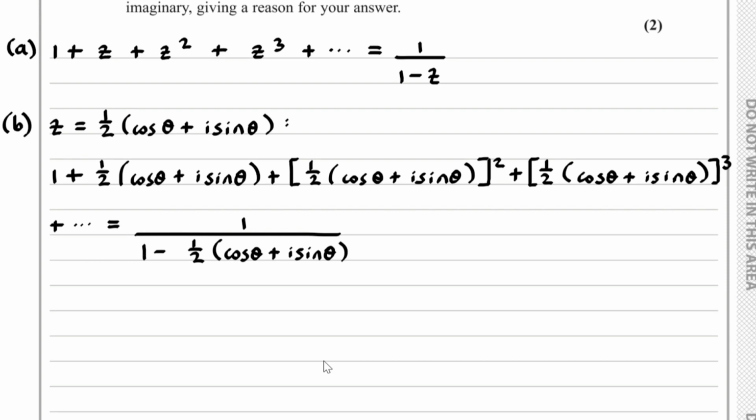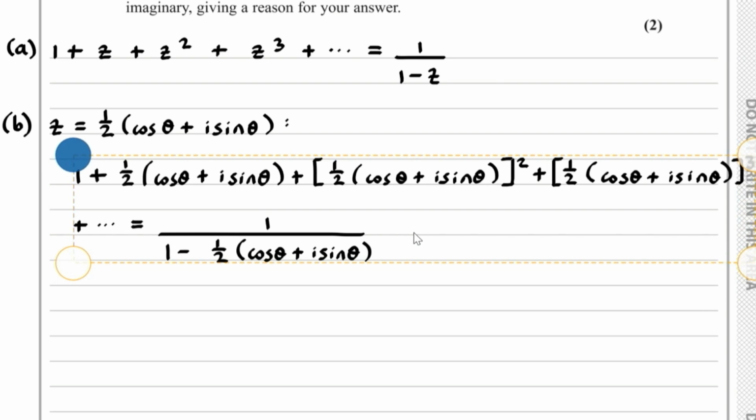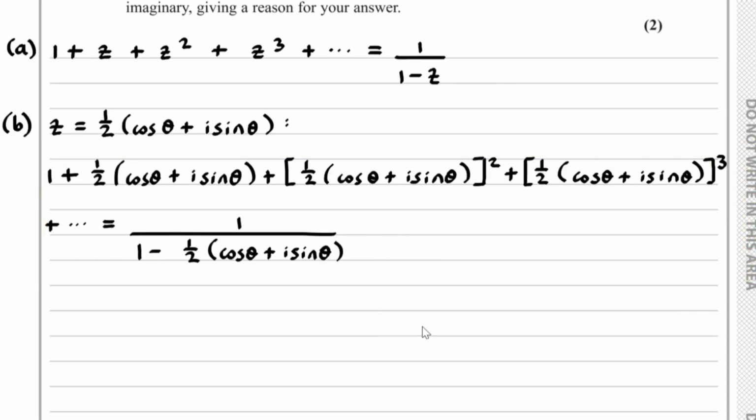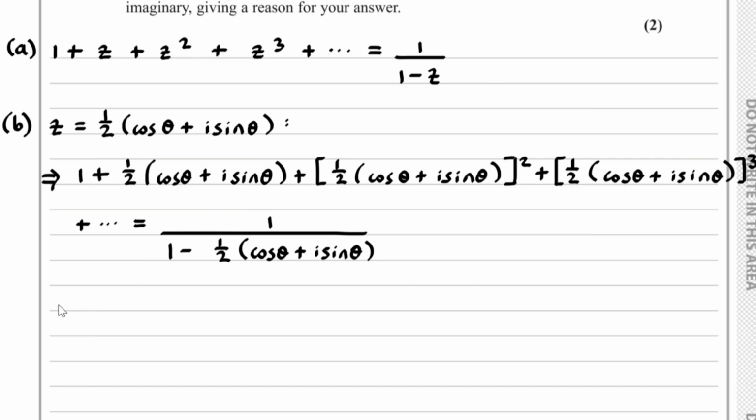So let's tidy what we have on the left hand side using De Moivre's theorem. If we tidy what we have: 1 plus 1/2 (cos theta plus i sine theta). 1/2 squared is 1/4.